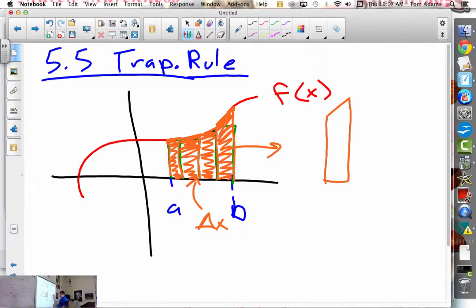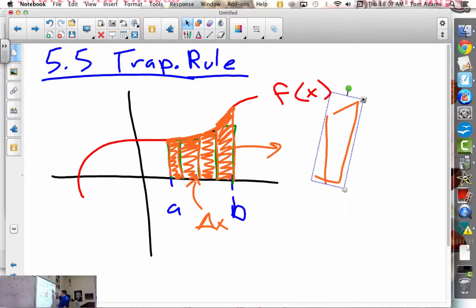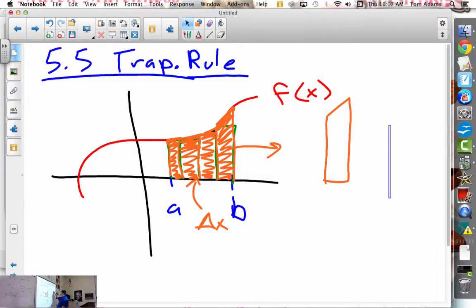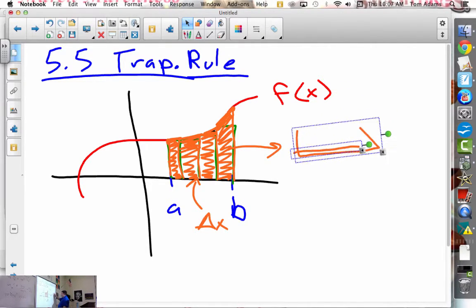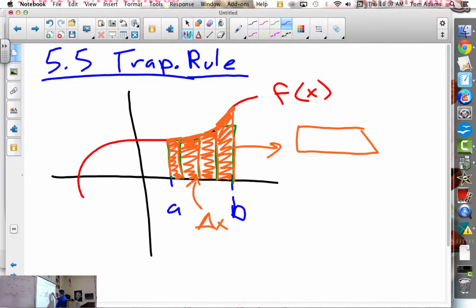And from your geometry days, if I take that trapezoid and I rotate it, and put them both together, the way that we would find the area of the trapezoid, I'd have base 1, base 2, and then this right here will be the altitude height.